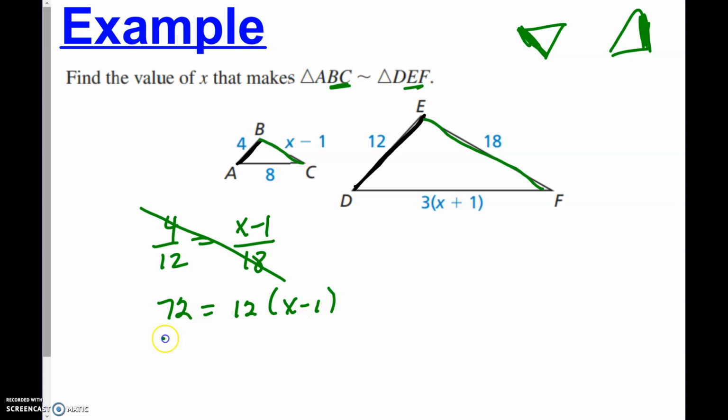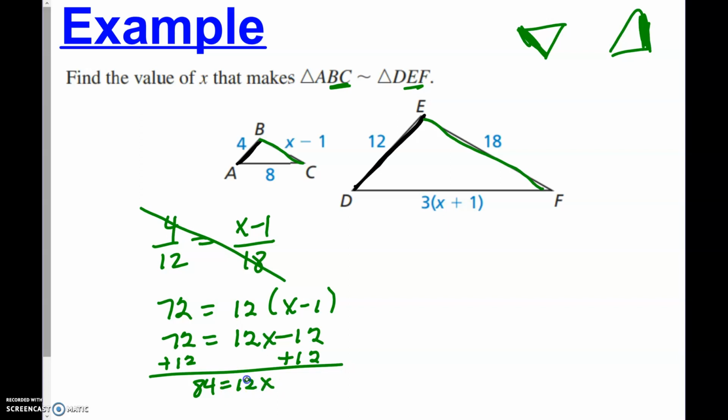We're going to have to distribute over here, so I get 12x minus 12. I'm going to add 12 to both sides, and I get 84 equals 12x. When we take 84 and divide by 12, we get 7. So x is 7.